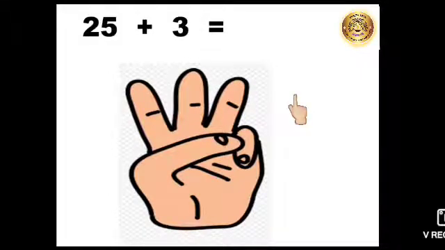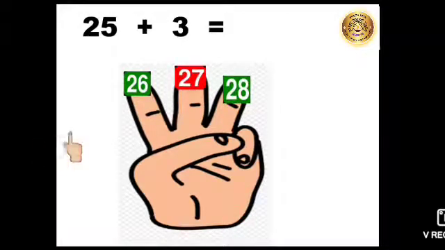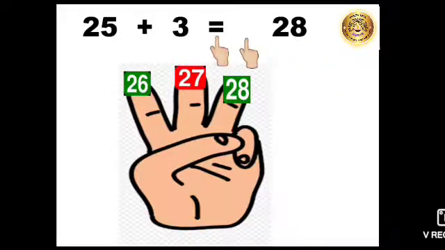Then count forward after 25, which is the greater number. The next numbers after 25 are 26, 27, 28. The last number we get is 28, meaning 28 is the sum of 25 plus 3. Like this you have to add by counting forward.